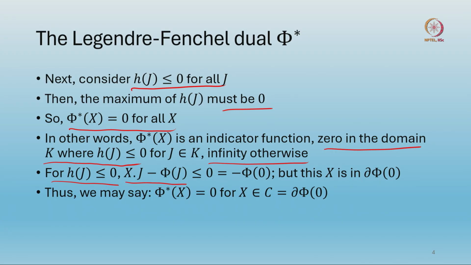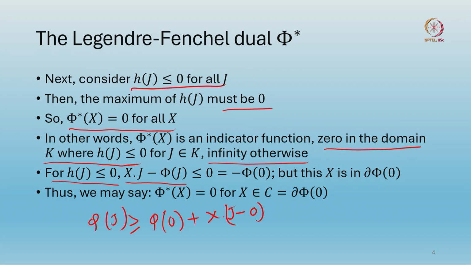If I combine these two and put phi 0 on this side, we can write phi of j is greater than or equal to phi of 0 plus x inner product j minus 0.